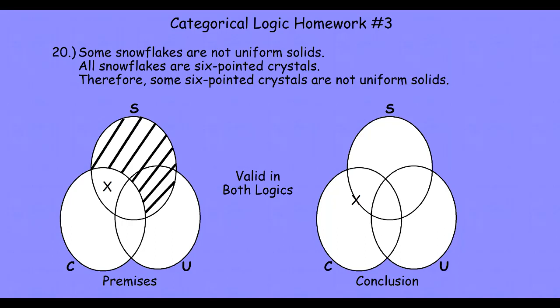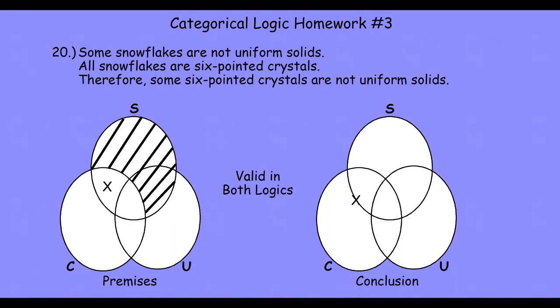The next part of our instructions tells us that we should identify the mood and figure for the syllogism, check it against the list, and verify the conclusion that we got with our Venn diagrams. So we look at our first premise, the major premise, that is some snowflakes are not uniform solids. That would be a type O, a particular negative.